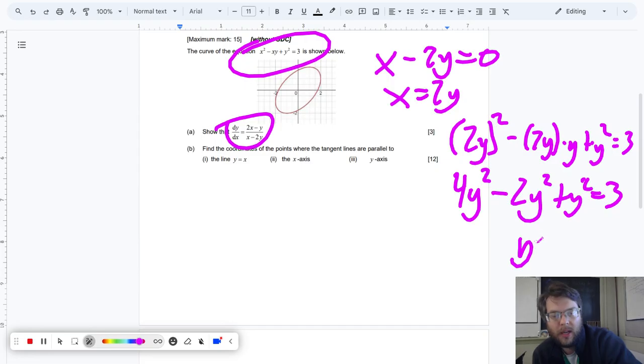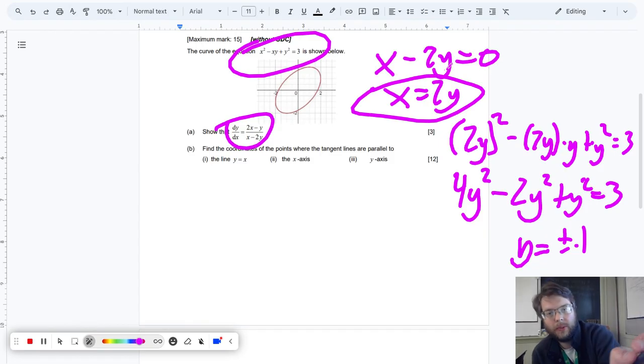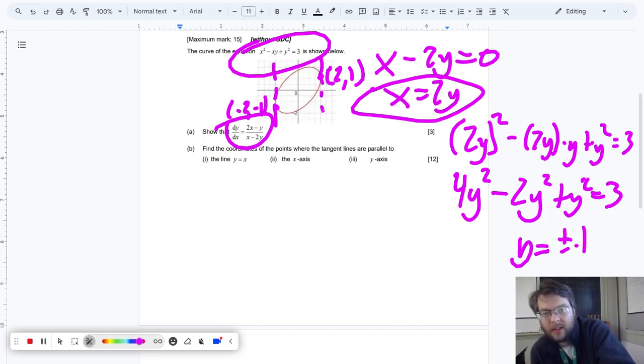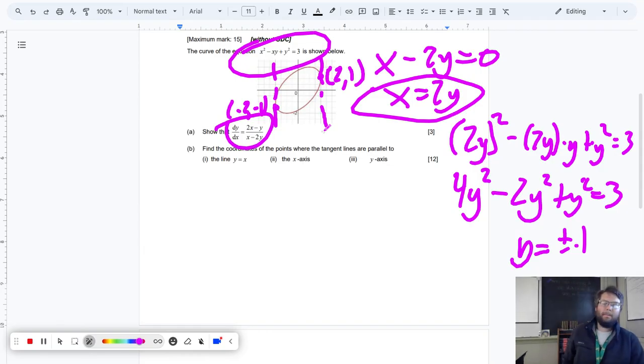So again, we get y equals plus or minus 1. But in this case, x is equal to 2y, so we get plus or minus 2. So we're at the point here where 2 comma 1, and here negative 2, negative 1, and you can see that each of those points is a vertical tangent line because I made the denominator equal to 0.